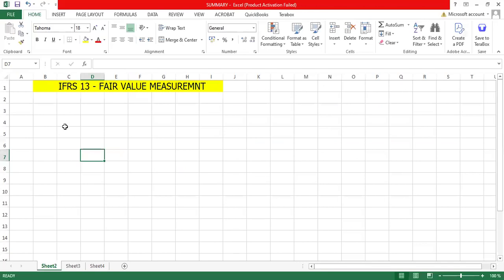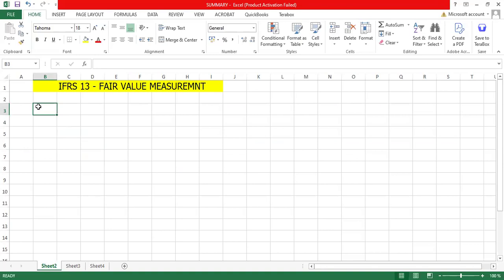Okay. Now, I want to highlight something again. When you're handling this standard, IFRS 13, you need to know whether in the question you are given the principal market.